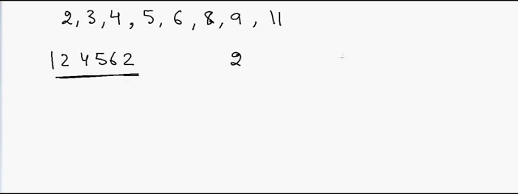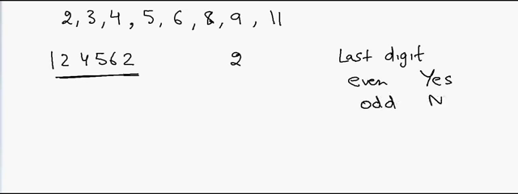We have to look at the last digit, and if it's even, then yes, and if it's odd, then no. Here the last digit is 2, so it should be divisible by 2 because it's an even number in the end.